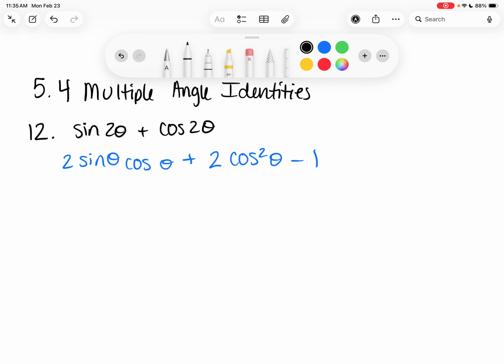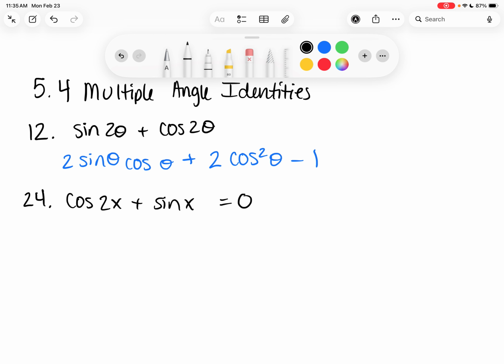Solve algebraically. Hold on. Let me make sure I'm not missing anything. Yeah, solve algebraically for the exact solutions in the interval 0 to 2 pi. So 24, we have cosine of 2x plus the sine of x is equal to 0.